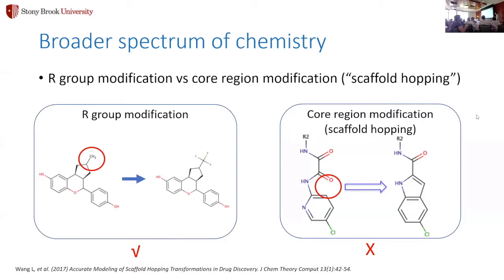But the base one selected compounds with lots of different kinds of scaffold hopping. Usually this is considered not doable, and sometimes we have to use absolute energy calculation, which is not easy to do.